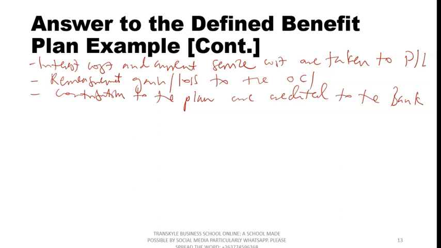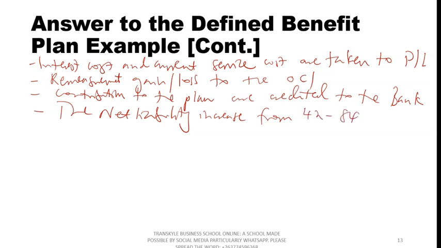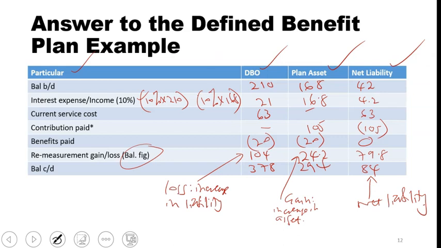All right, then the net liability increased from 42 to 84. Remember, we moved from this point to this point.